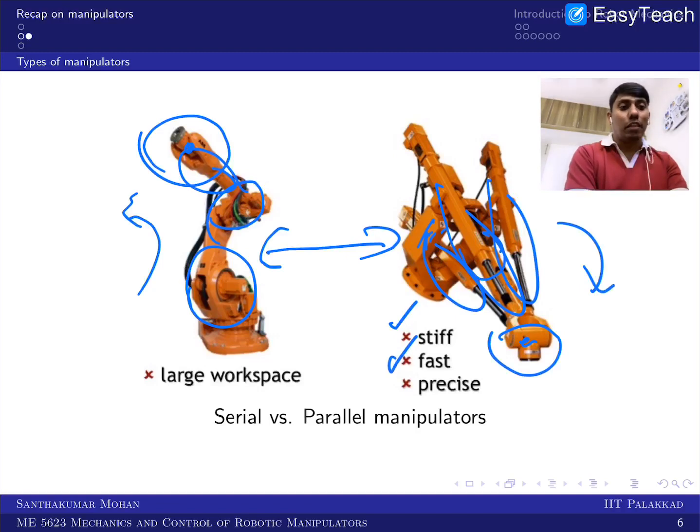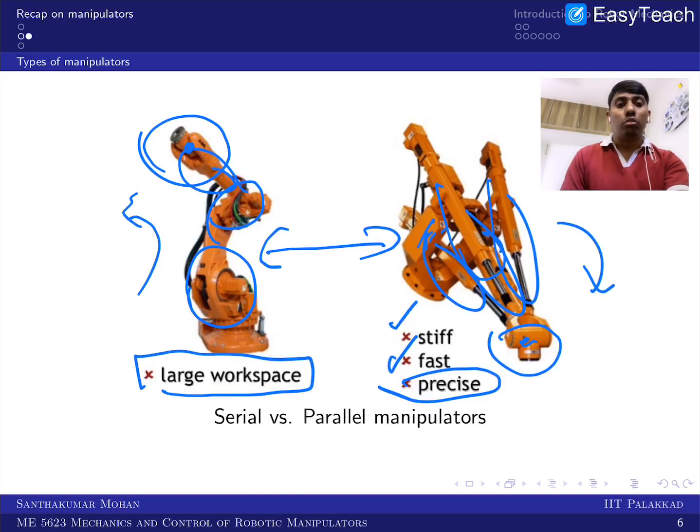That's why the backhand is very fast, because you have a rigid support, so you can be more precise. Whereas if a large workspace is required, you have to go through the serial chain, which is associated with error accumulation. So that's why we said the precise one would be parallel, not serial. But construction wise this is very simple, control wise also very simple, and kinematic aspect also, the serial chain is simple. So this is what we are addressing here.